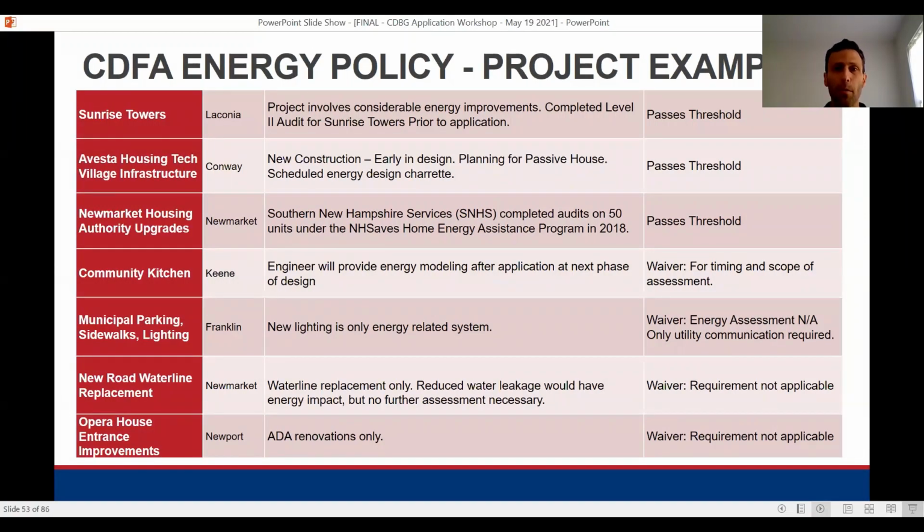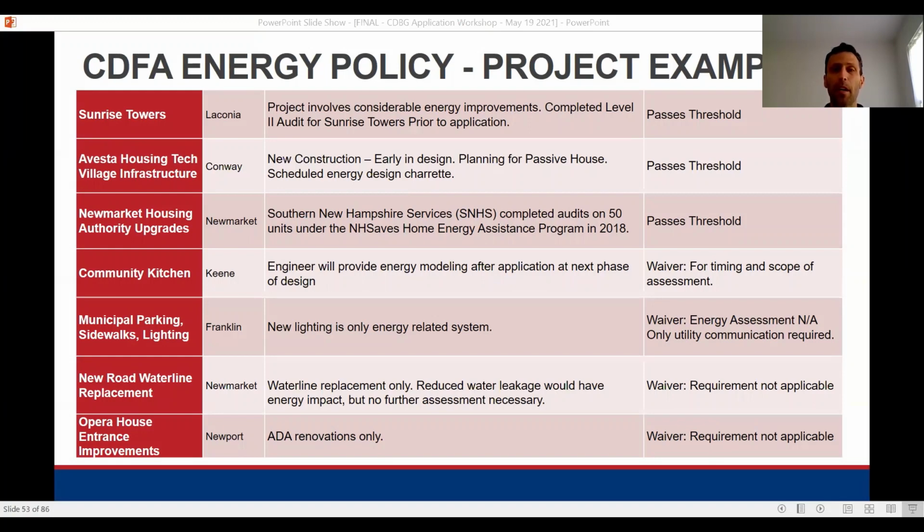I won't go through all of them, but the first one there, Sunrise Towers in Laconia, the project involved considerable energy improvements, and they completed a level 2 audit for the project prior to their application. So they passed the threshold. Avesta Housing, the second one in Conway, is doing new construction fairly early in the design.